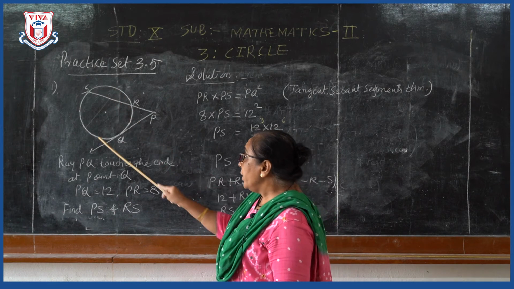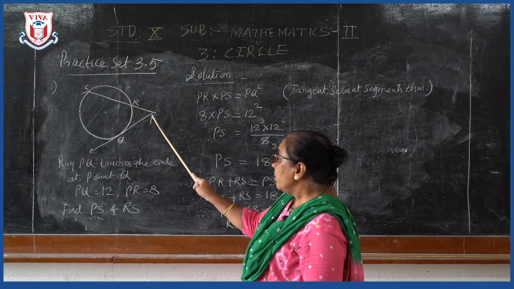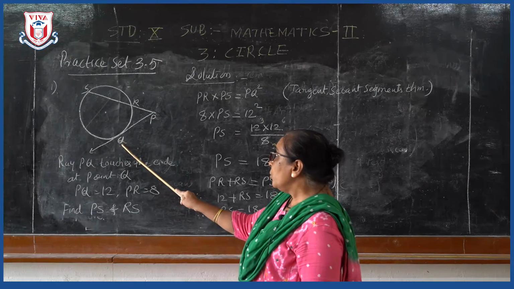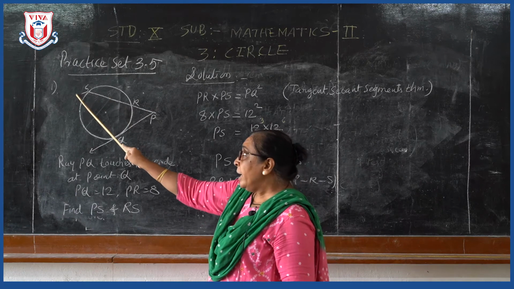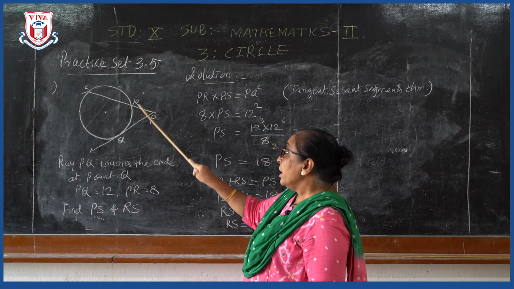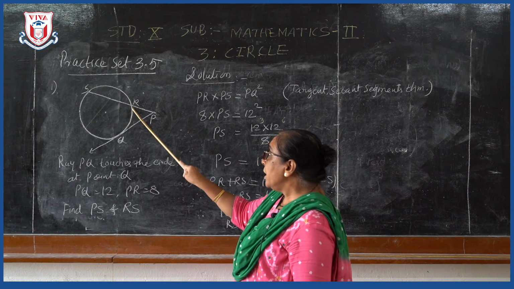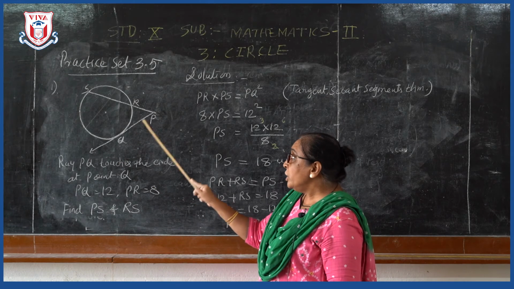Now see, in this figure, ray PQ is a tangent, meaning it touches the circle at point Q, and line PRS is a secant which intersects the circle at points R and S, and also meets the tangent at P in the exterior of the circle.